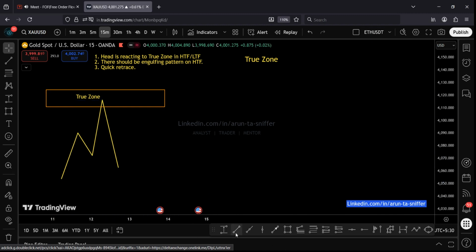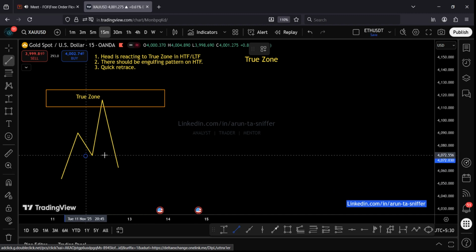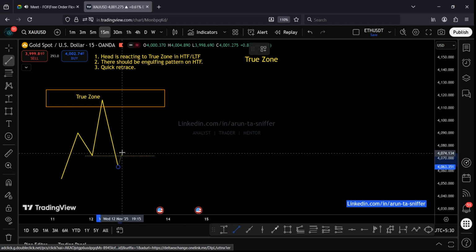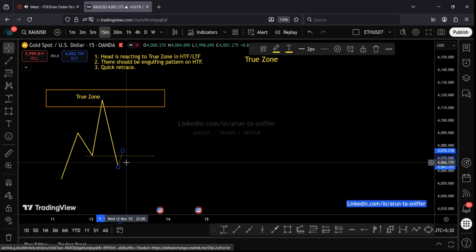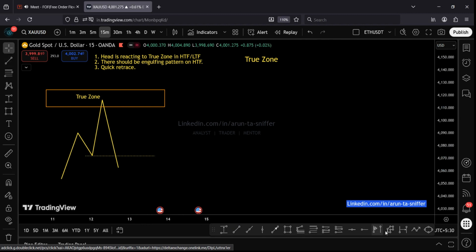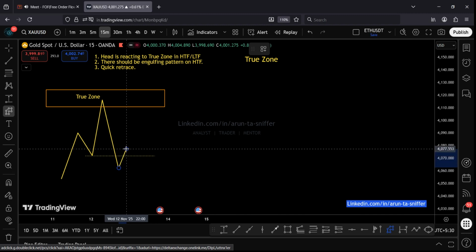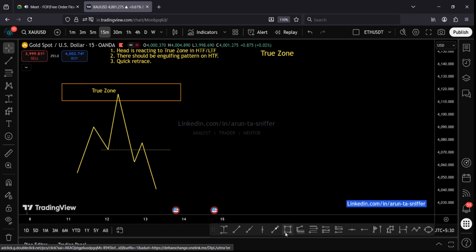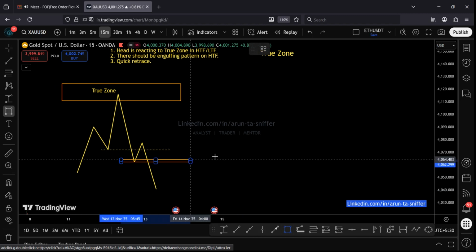This low sent price to the upside, right? So what does price do? Price goes up here, and comes down. What will happen? This will become our RSFL.